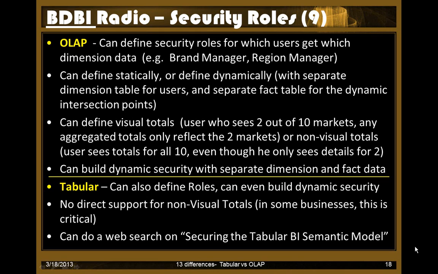Or it can be dynamic: say you have a separate fact table and a separate dimension table, where the dimension table has the users and the fact table has the intersection points of which users are allowed to see which product keys or geography keys, and you read it dynamically. Analysis Services can handle either approach on the OLAP side.